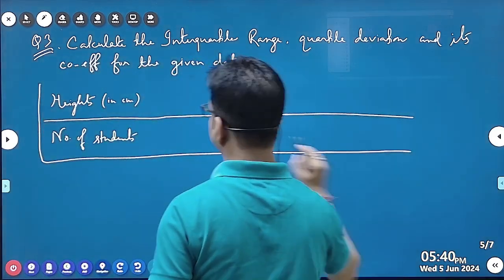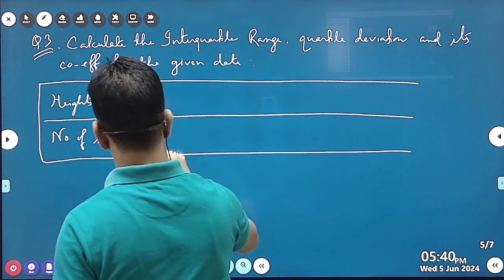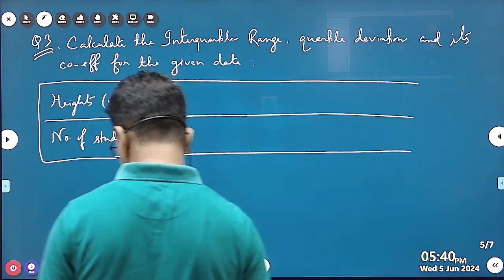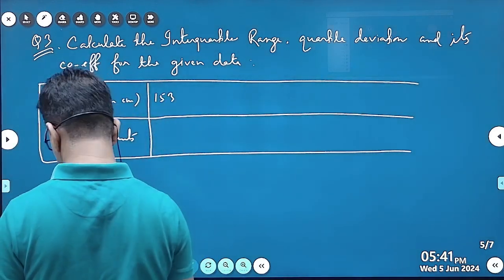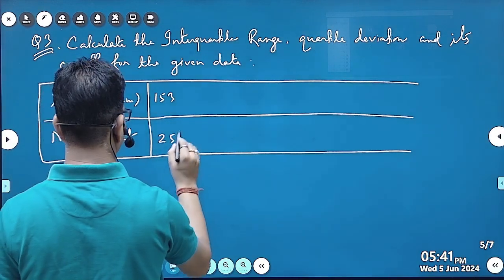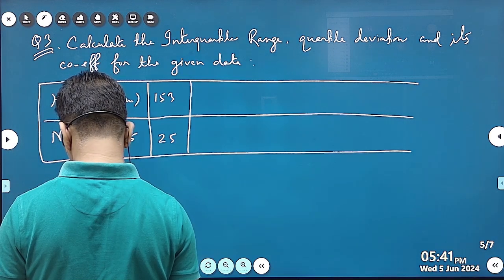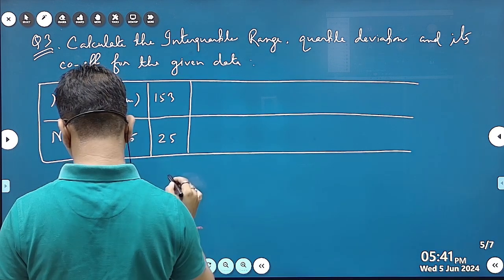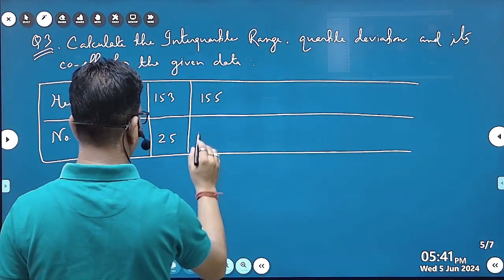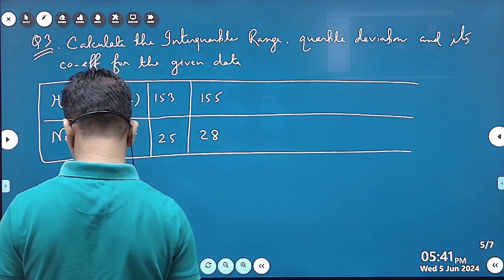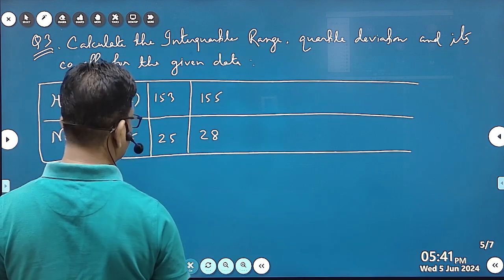Now what you have understood, there will be discrete data. That means against each data some frequency should be given. So 153 centimeters, suppose there are 25 students. 155, 28 students, 21 students, suppose 21.